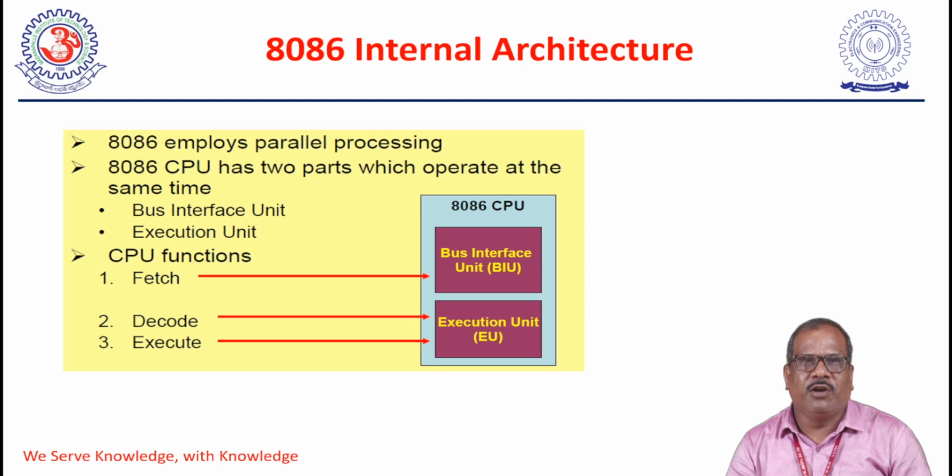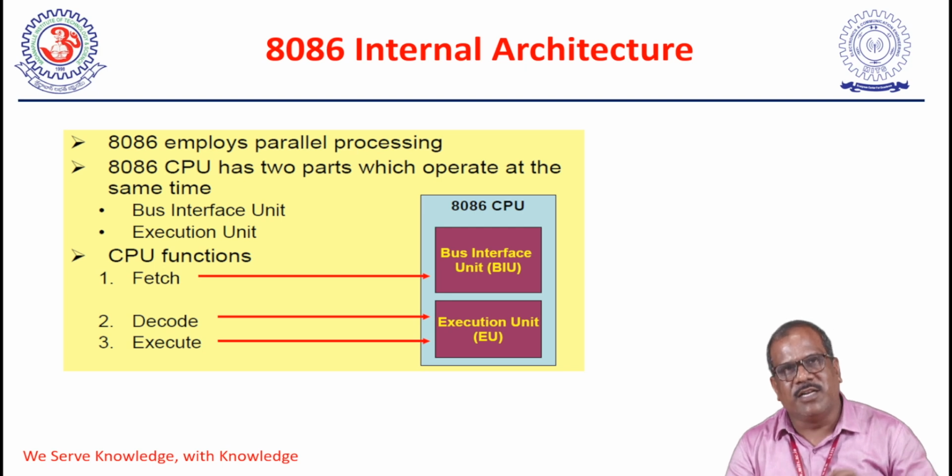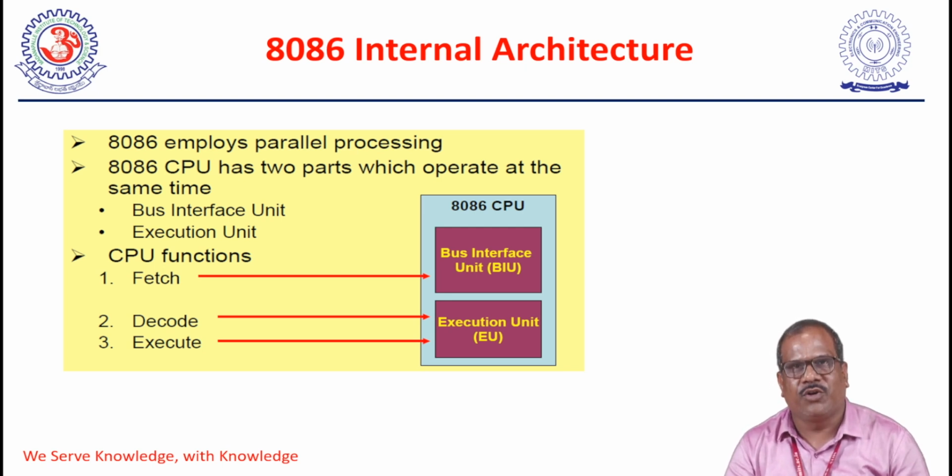Now we discuss the internal architecture of the 8086 microprocessor. The 8086 is a 40-pin dual inline package IC, a programmable IC. Inside the 8086, the architecture can be divided into 2 functional blocks: the bus interface unit and the execution unit.